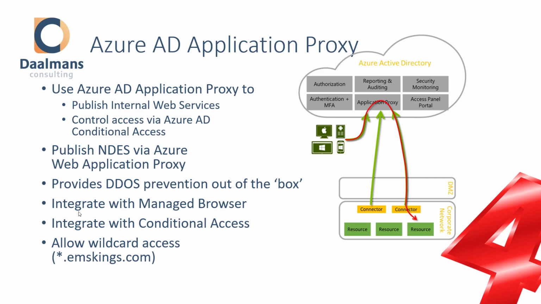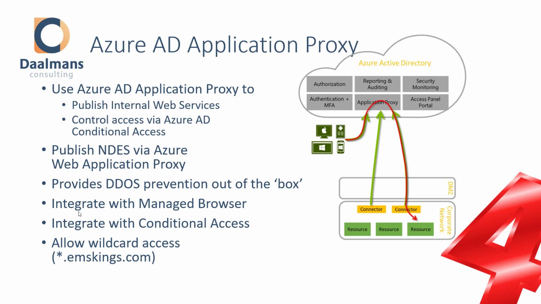If the connector is able to do so, then we need to configure an Azure AD Enterprise app where we define the internal DNS name and the external DNS name, and then we publish the internal website accordingly. So by doing this, you're out of the box protected from DDoS attacks.